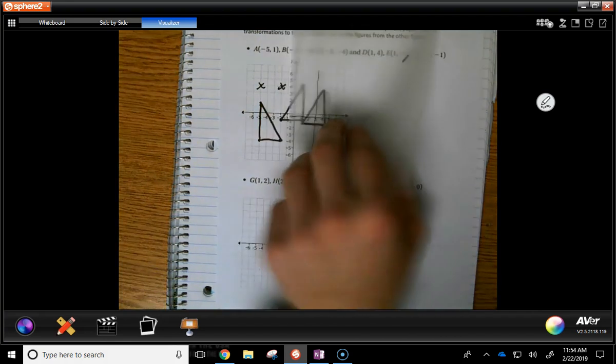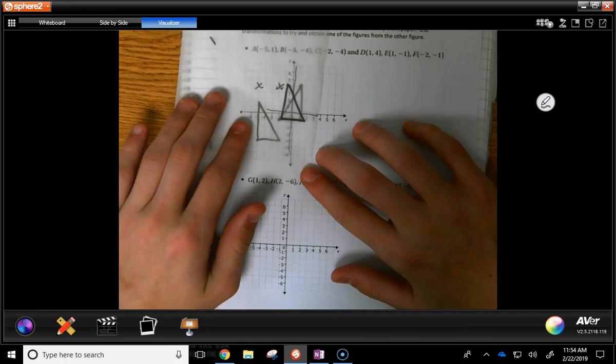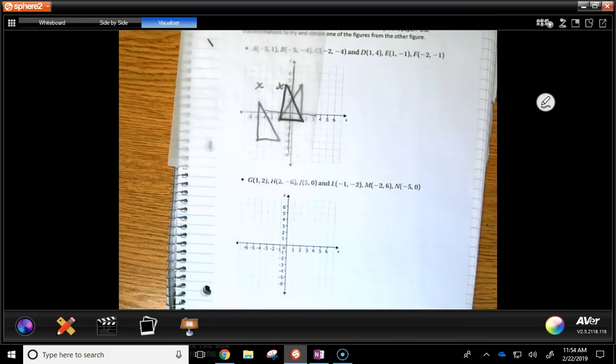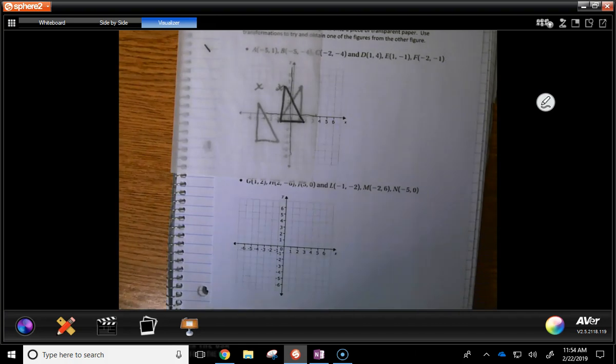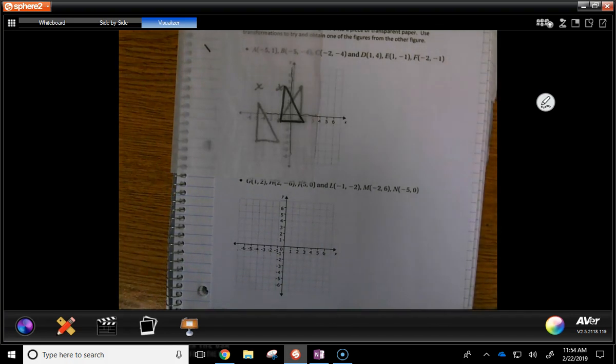What would we get? We still line up our points. Okay, he has just reflected on the y-axis. Now what would you do, Troy? And then you would move it over. Oh, but what's move it over? Translate.